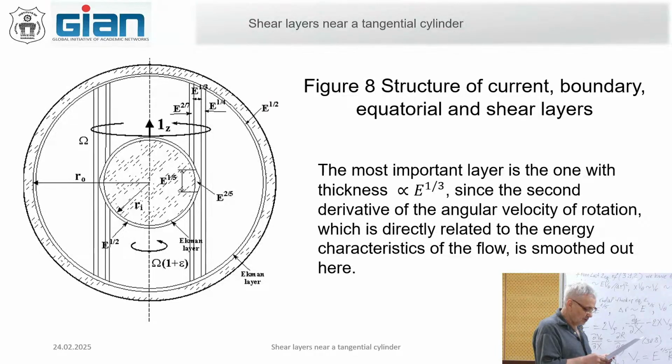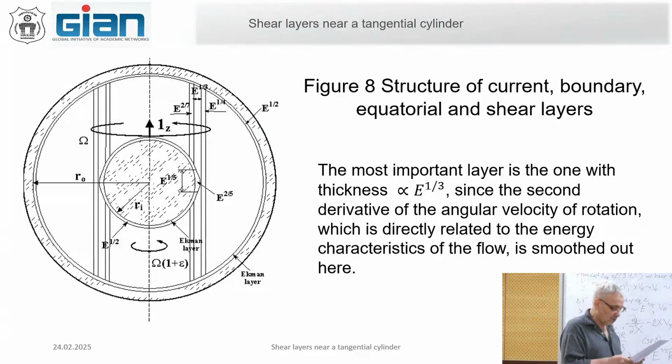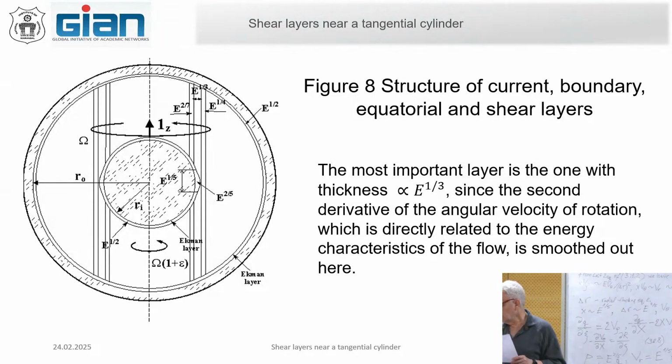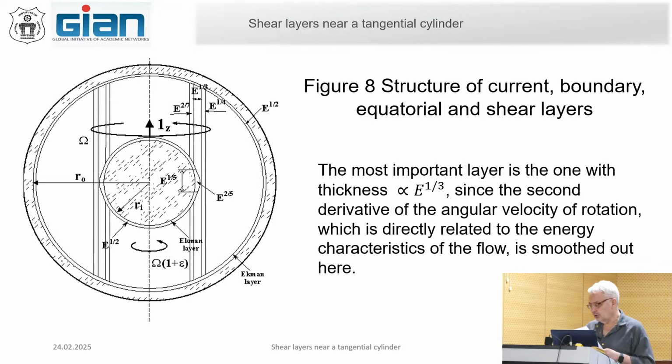And the final summary of the general structure and the most important details of this complex flow is summarized in this illustration and the following illustration. But let's start from this illustration.